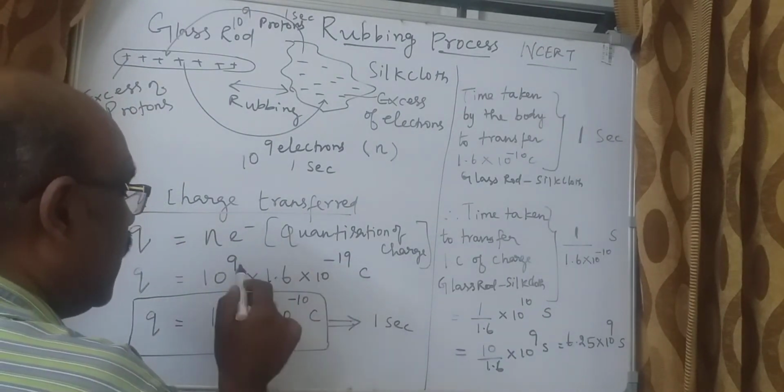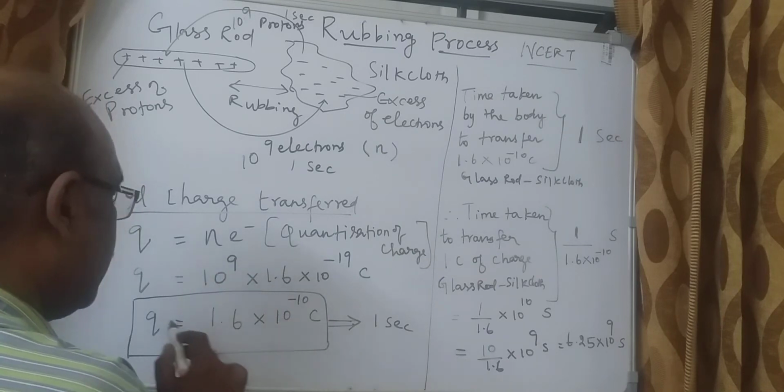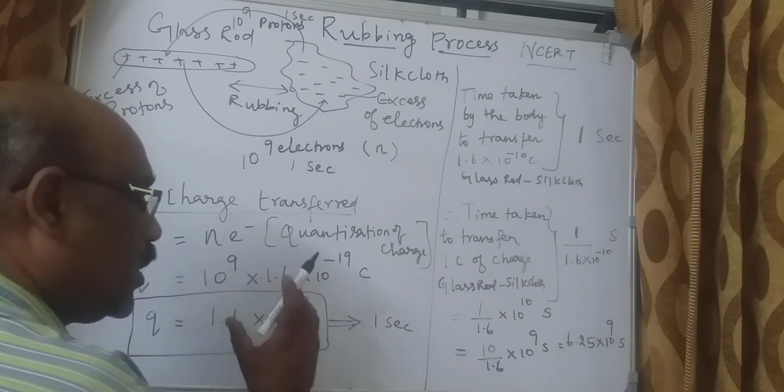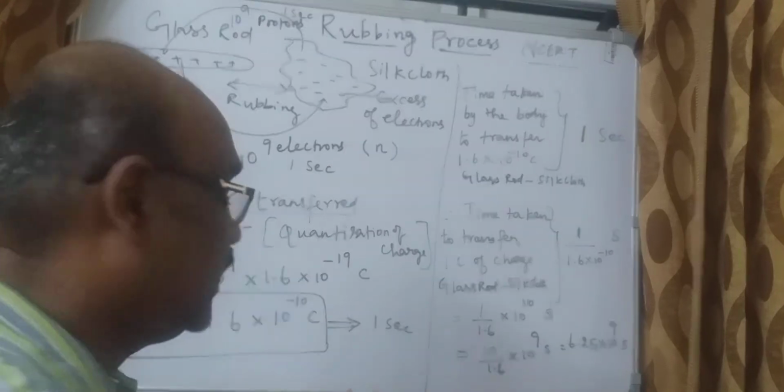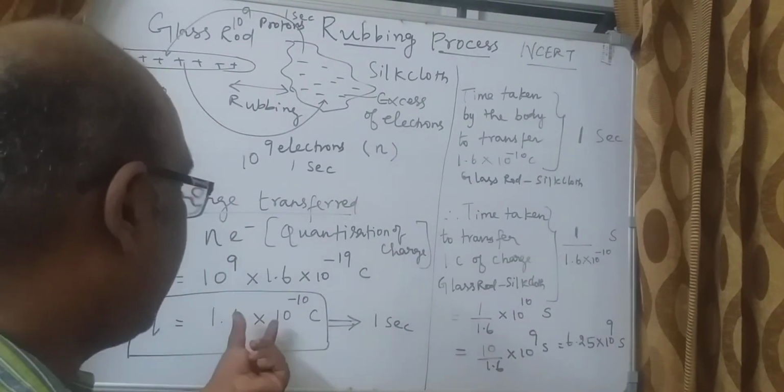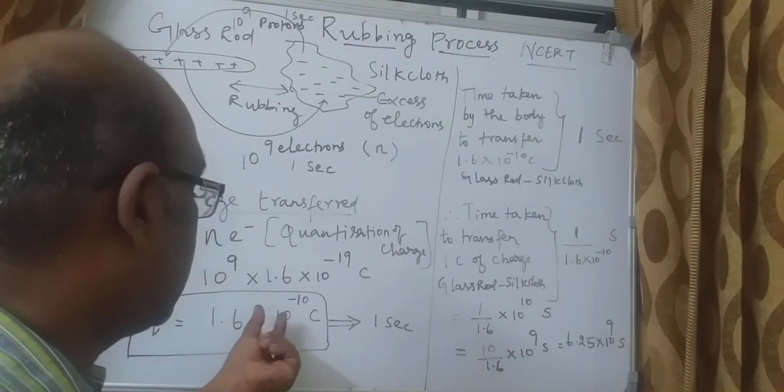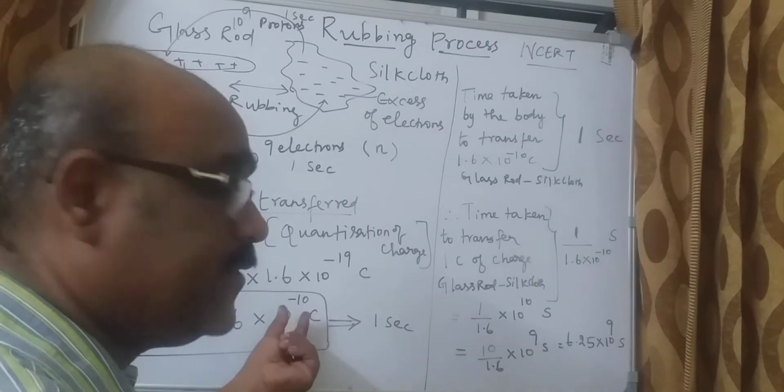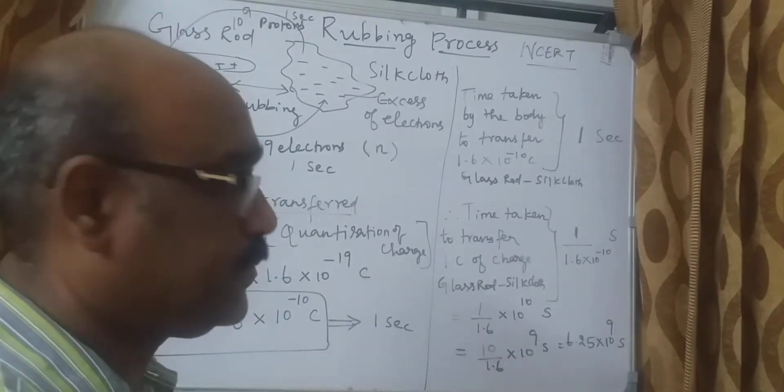Charge of the electron multiplied with the number of electrons will give you the total net charge that is transferred. So we have found that it is 1.6 into 10 to the power minus 10 coulomb of charge transferred in 1 second.